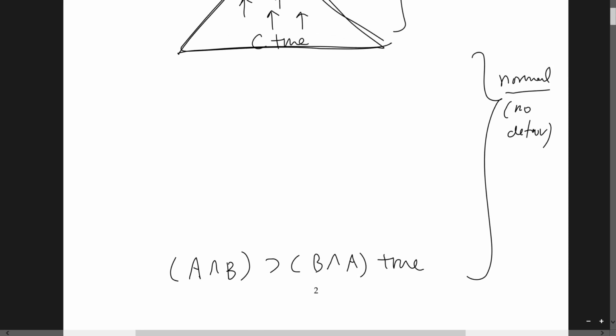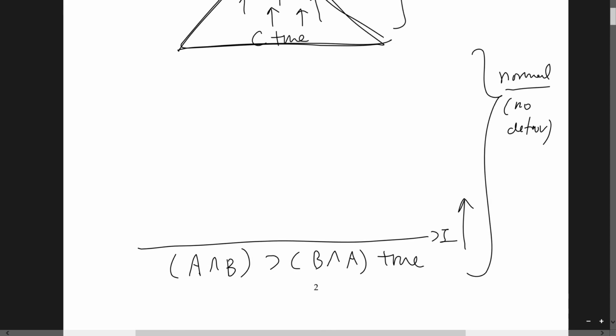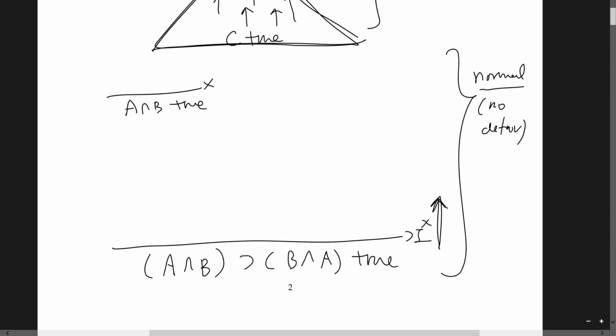In order to build a normal proof, we will first apply implication introduction rule. So we move upward, just like here, by introducing a new hypothesis, A conjunction B true. Let's say this is X, this is X. And now we want to build B conjunction A true.